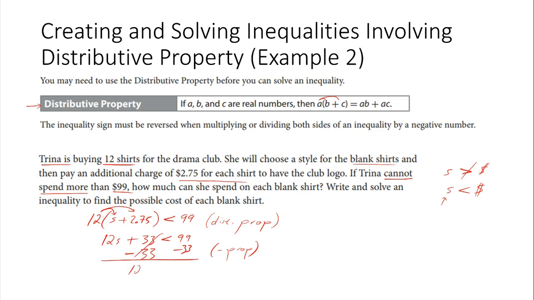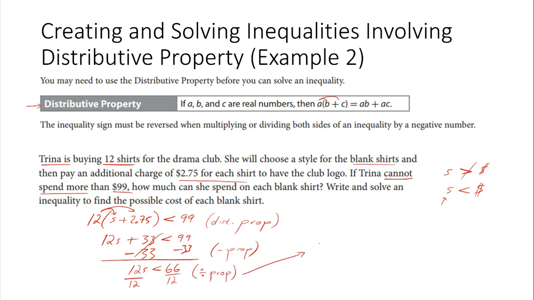All right, so now we have 12S is less than 66. And then again, how do you get rid of a multiplying 12? Division, right? What you do to one side, do to the other. So again, that's division property.